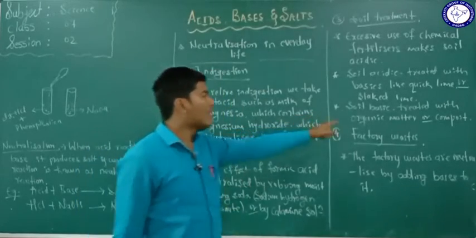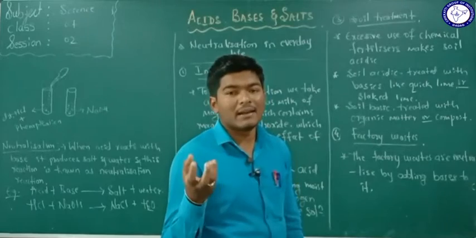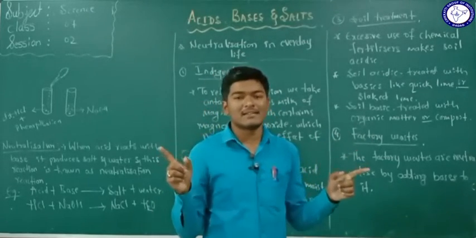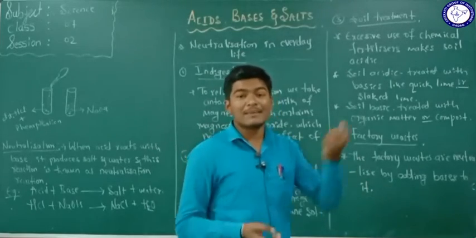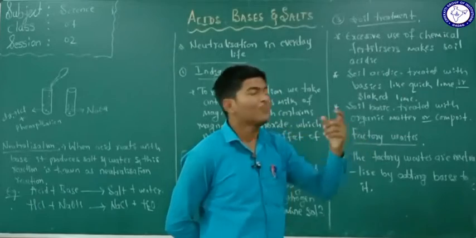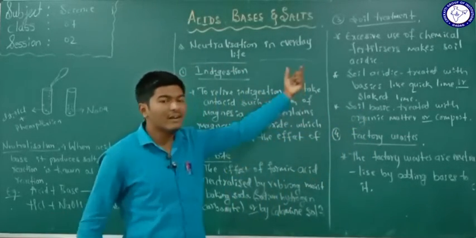That will be treated with compost or organic matter. Organic matter or compost releases some acids, so that neutralizes the basic property of the soil, and the soil will be neutralized. So this is another use of the neutralization effect in our daily life.